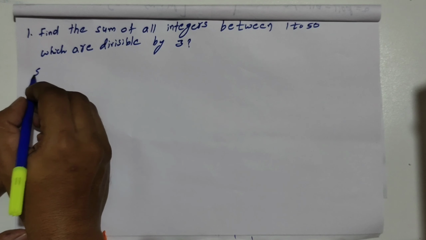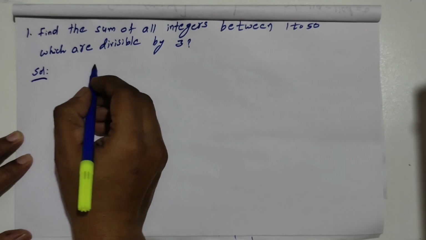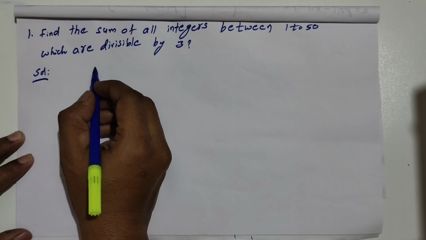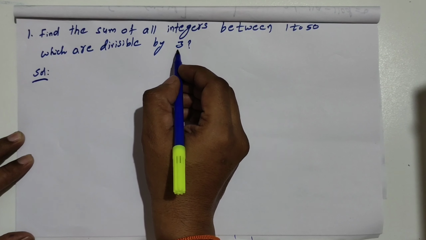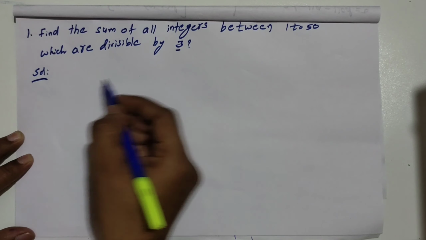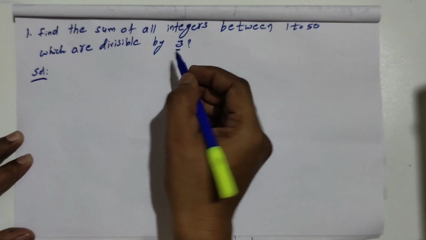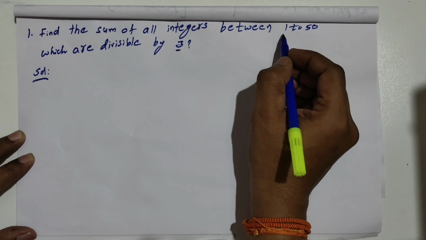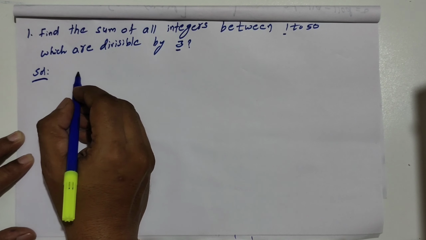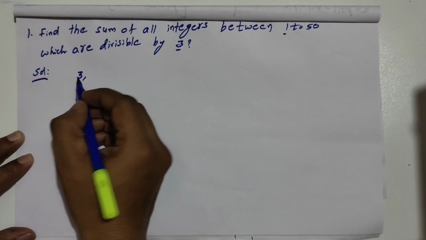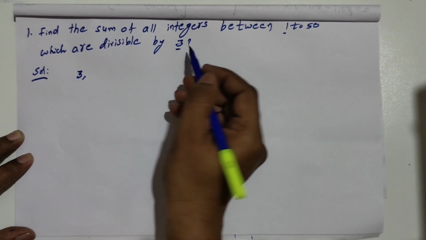Now here, first we have to write down the first integer which is divisible by 3. As we know, that is a multiple of 3. So after 1 we get easily 3 as the first integer divisible by 3.